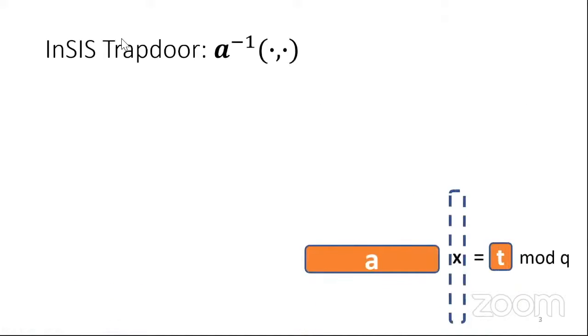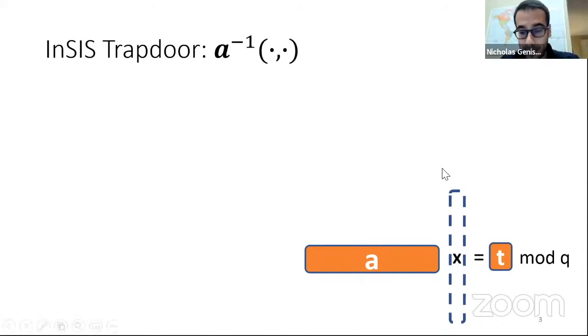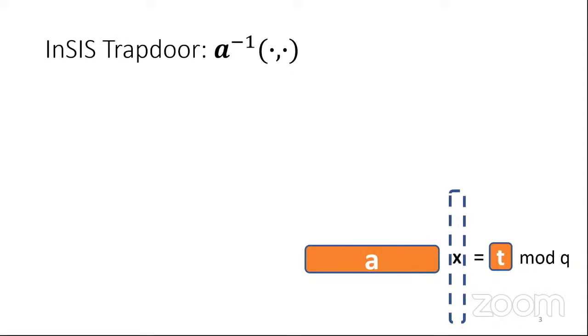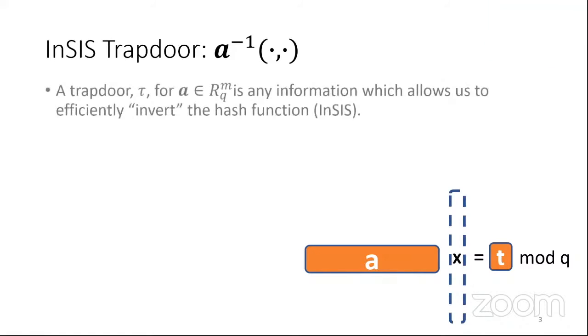Okay, so an SIS trapdoor is really anything where we generate this matrix A, or this vector, in this case A, together with some information such that it's easy to invert this function.